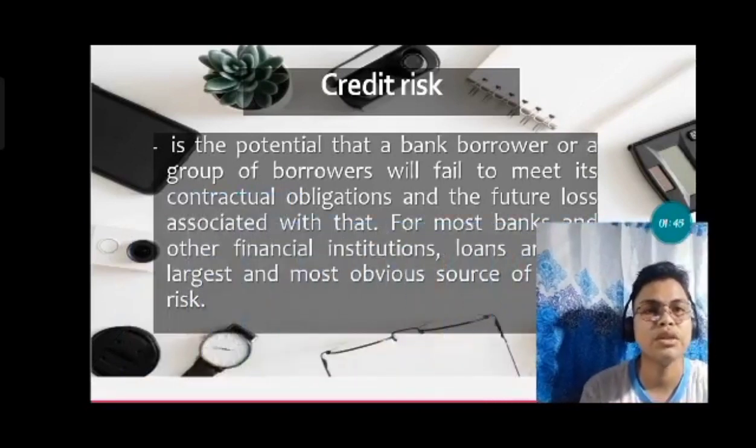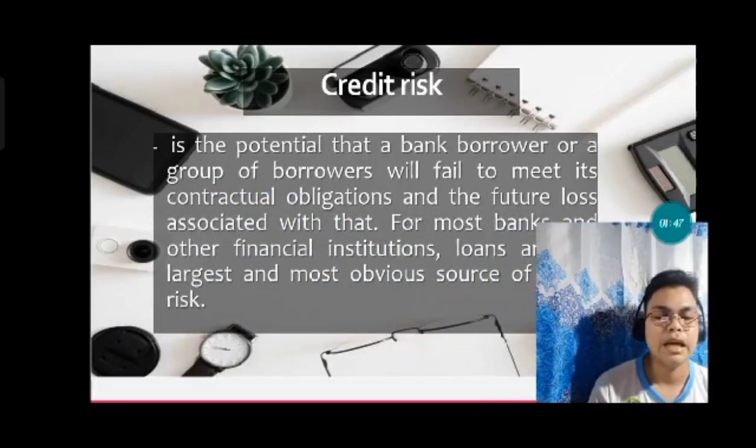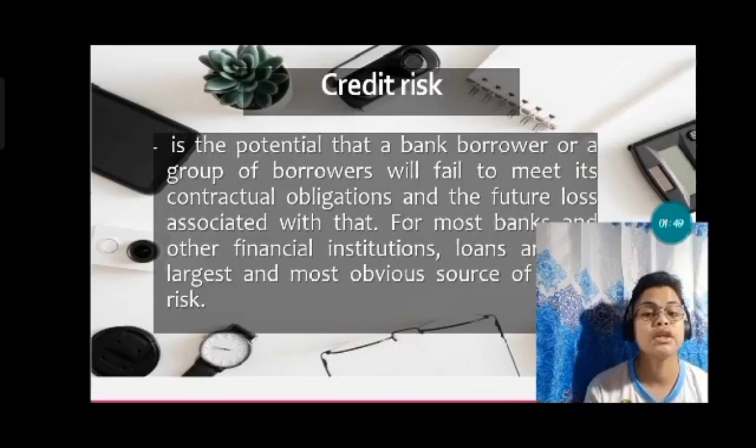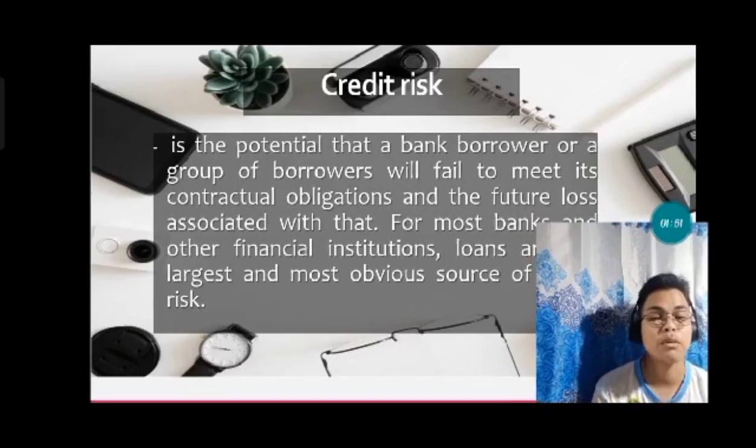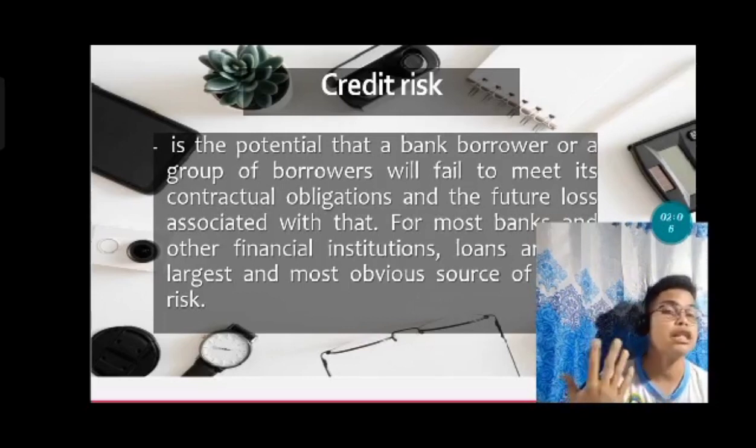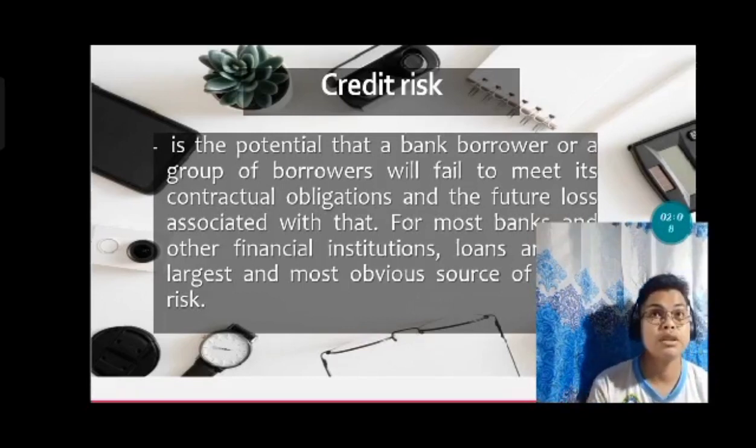So credit risk. When you say credit risk, it's the probability of financial loss resulting from a borrower's failure to pay a loan. Credit risk refers to the risk that a lender may not receive the owed principal and interest, which results in an interruption of cash flows or an increase in the cost of collection.